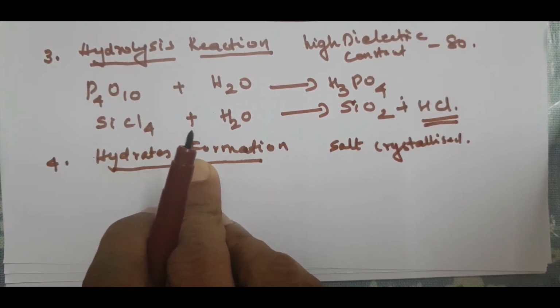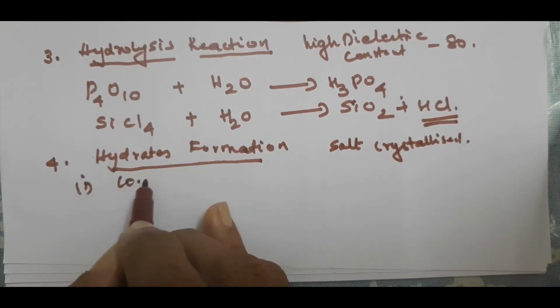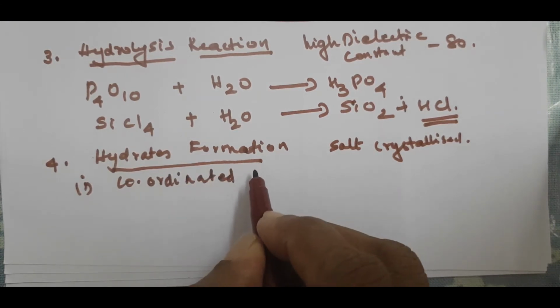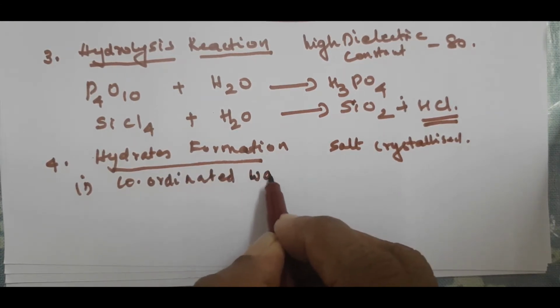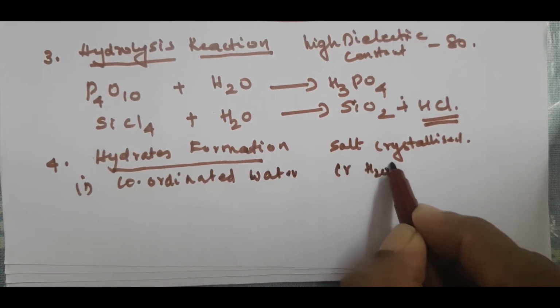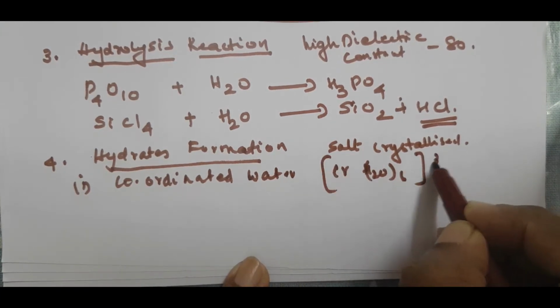And mainly hydrate formations can be of three types. One is, as I said, coordinated water. Coordinated water means, if I write the formula, you will find it easier to know. For example, [Cr(H2O)6]3+.